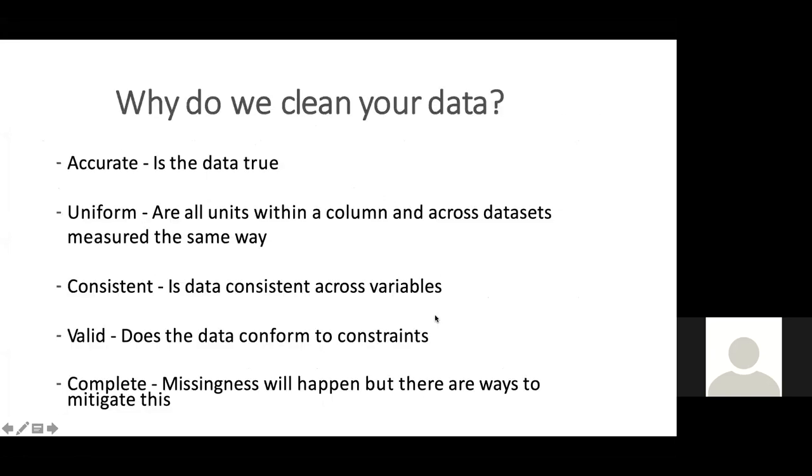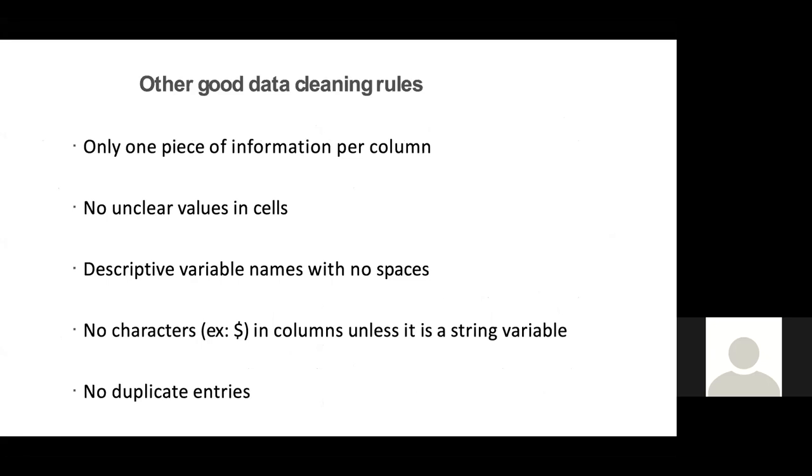So why do we clean our data? We clean our data basically to ensure accuracy and uniformity of the data, as well as consistency within all the data ranges, and to validate that what you keyed in previously in your Excel or CSV files is actually what you see in R. The other good practice is to have one piece of information per column, which people normally forget to do when they are populating a database for their data set.